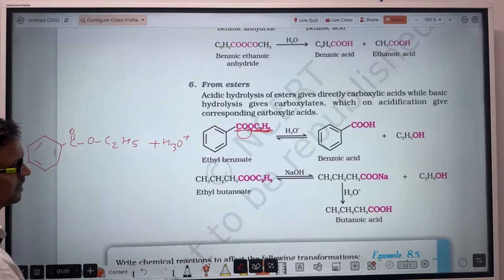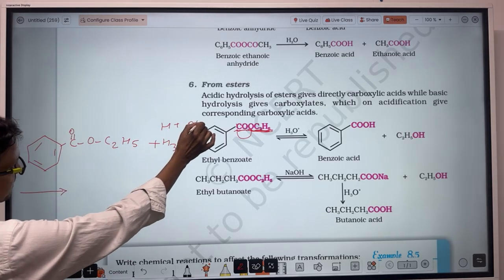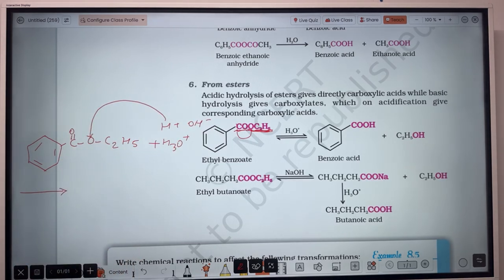Actually water takes part in the reaction. Here H plus acid acts as a catalyst. So very simple, H plus and OH minus. H plus will bond to this oxygen. When H plus gets bonded to this oxygen, then the bond will dissociate from here.